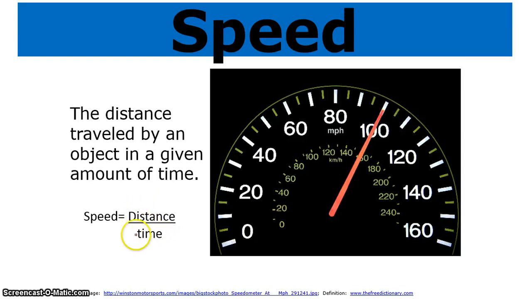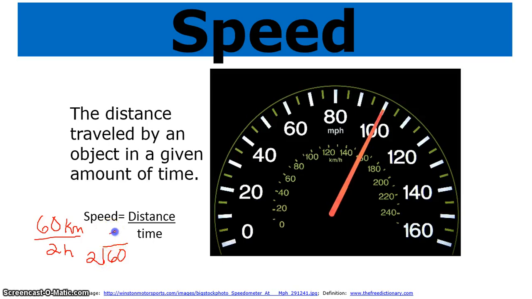So let's pretend that we've got an animal that's able to run 60 kilometers, which is my distance, 60 kilometers in 2 hours. So I take my distance and my time. If I wanted to figure out and calculate the speed in kilometers per hour, my numerator, the number on top, always goes inside the box, and my denominator always goes outside.